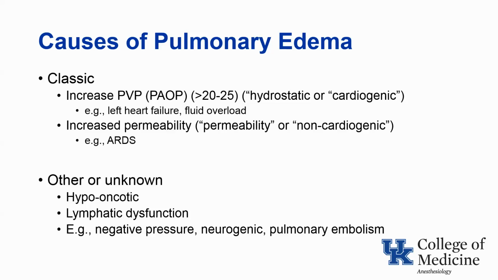The classic causes of pulmonary edema are either increased pulmonary venous pressure, in other words, wedge pressure, or increased permeability. But there are other types of pulmonary edema in which the cause is less clear. And the role of oncotic pressure, lymphatic function, and negative pressure and neurogenic factors are not entirely understood.